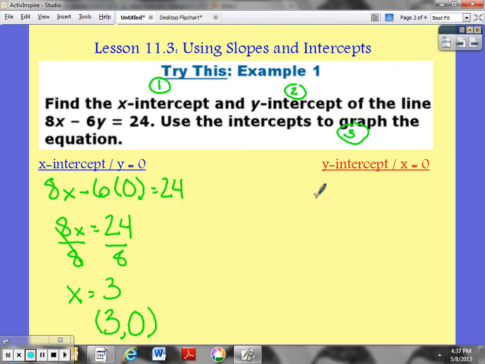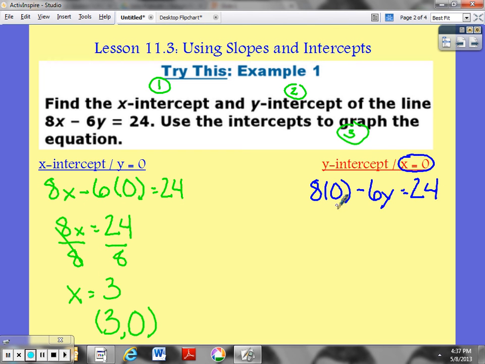We will start with the same equation, but now the y-intercept is where x is already equal to 0, so we know the value of x. So I can substitute that into this equation. Instead of 8 times x, we know that x is equal to 0. So 8 times 0 minus 6 times y is equal to 24.